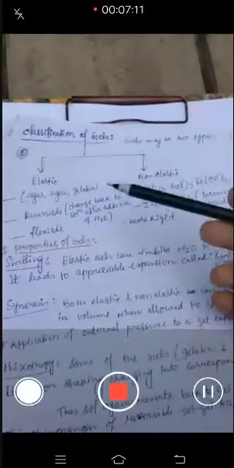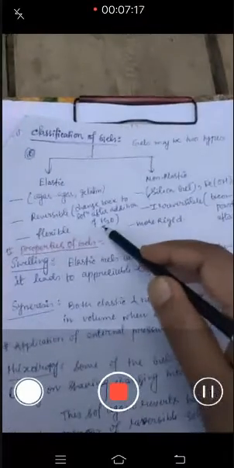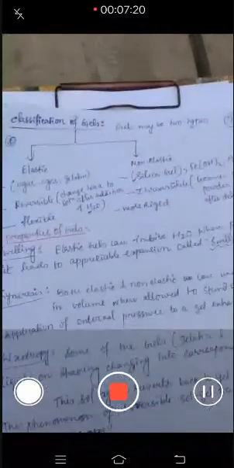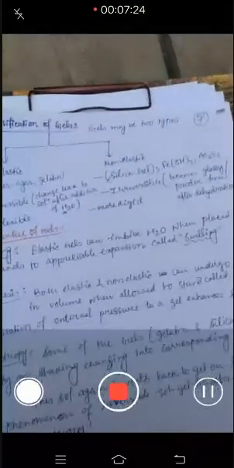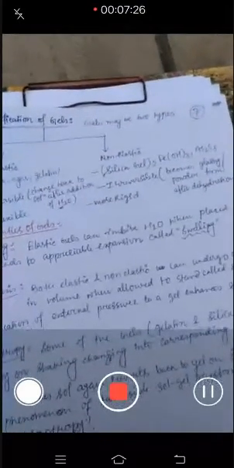You can convert them back into sols by shaking or by adding water. So it is elastic in nature. Another one is non-elastic. Non-elastic gels are basically those prepared by chemical reaction, because a chemical reaction cannot be reversed. So they are non-elastic in nature.